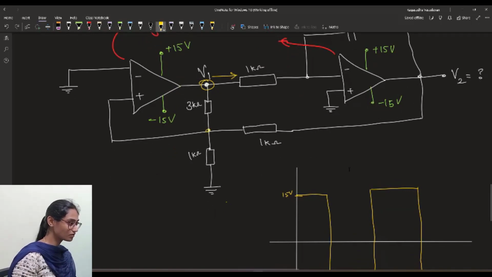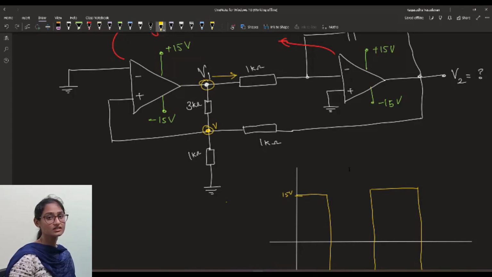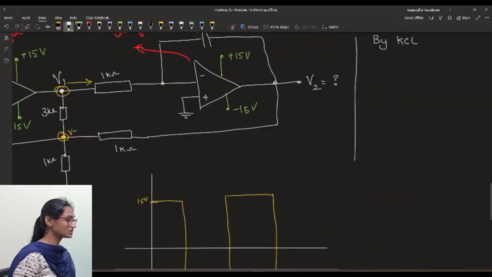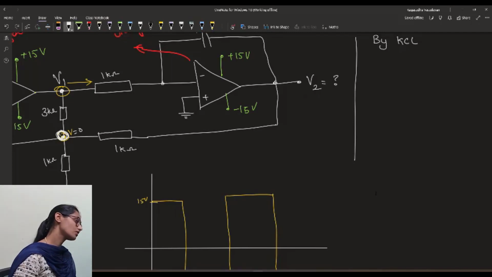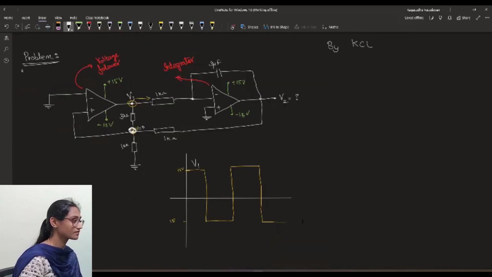Now let's presume the value of this voltage to be V and see how much is the current through this circuit by applying Kirchhoff's current law. This V is actually 0 volt because of the virtual ground concept. Let's do the equations. V divided by 1 kilo ohm plus (V minus V1) divided by 3 kilo ohm plus (V minus V2) divided by 1 kilo ohm is 0.